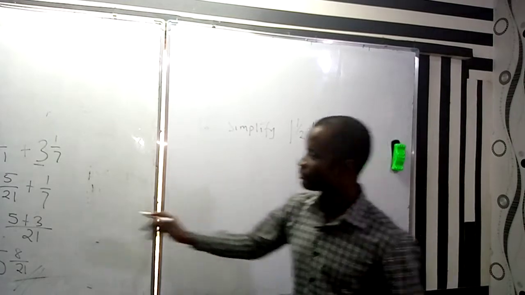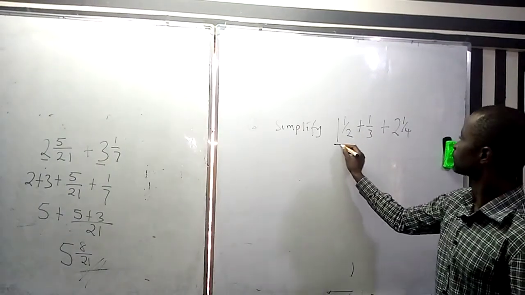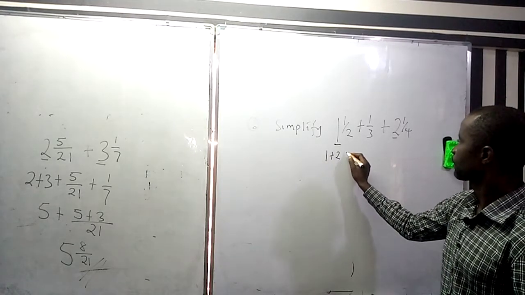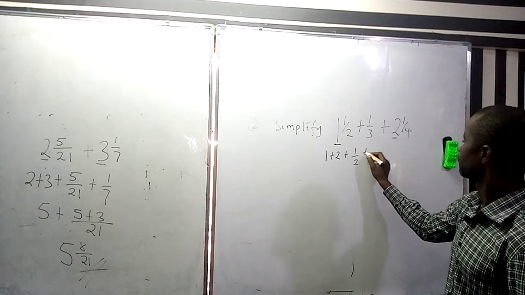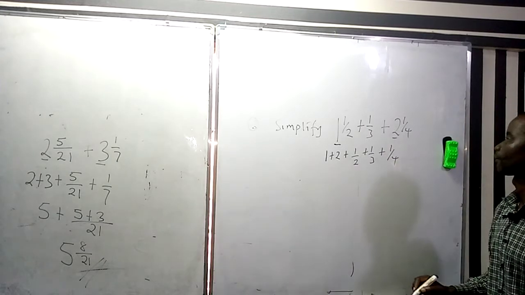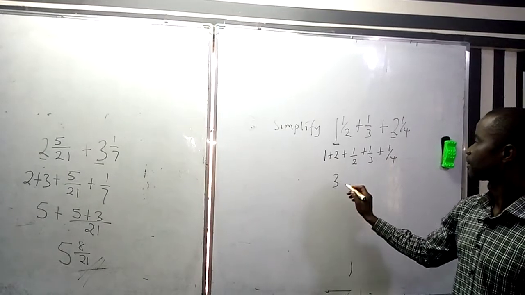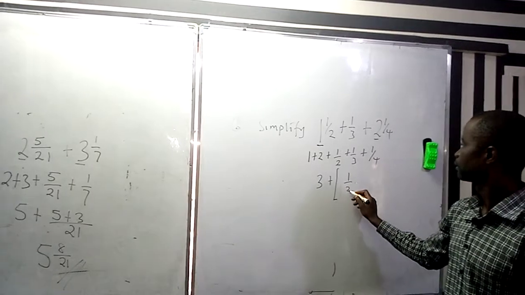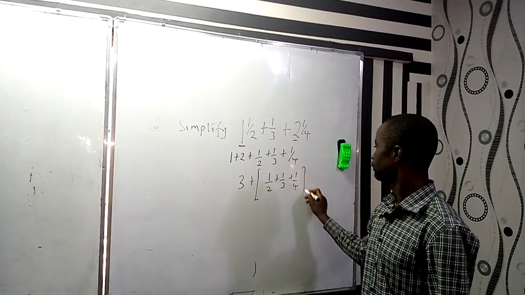Based on what we used here, first solve the whole number. That means 1 plus 2 plus the fractional 1 over 2 plus 1 over 3 plus 1 over 4. Now 1 plus 2 is 3 plus, I can put it in bracket, 1 over 2 plus 1 over 3 plus 1 over 4.